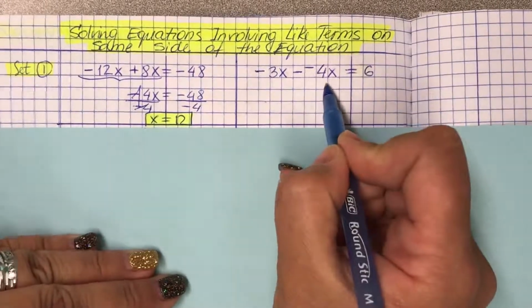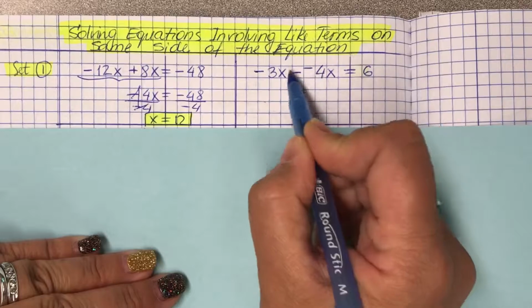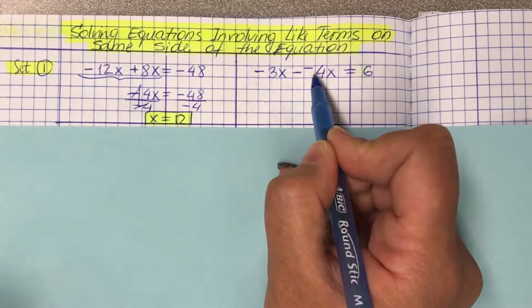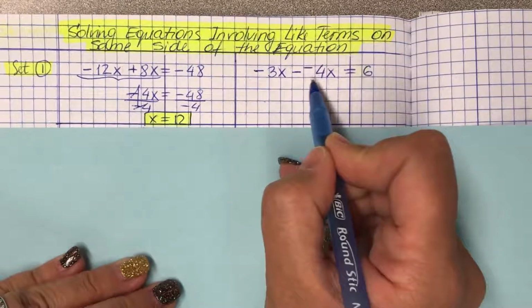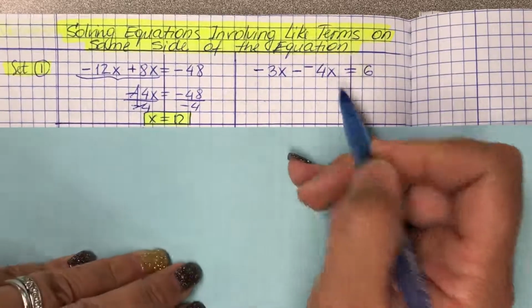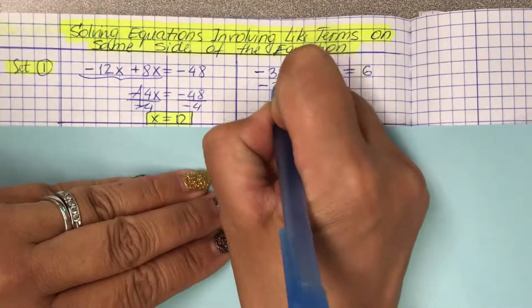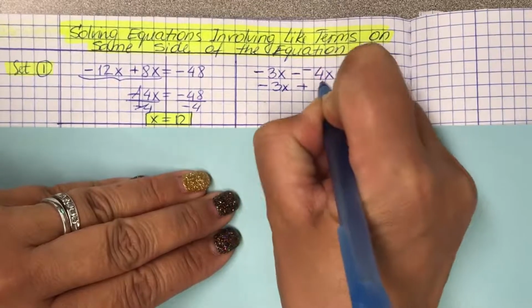When the equation contains double signs, remember to change it to single. Negative 3x minus negative 4x means negative 3x plus 4x. So I'm going to rewrite this problem using single sign.